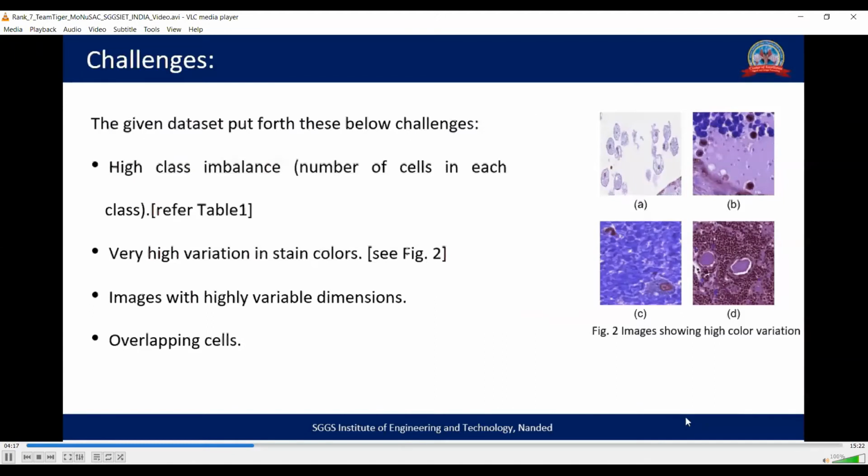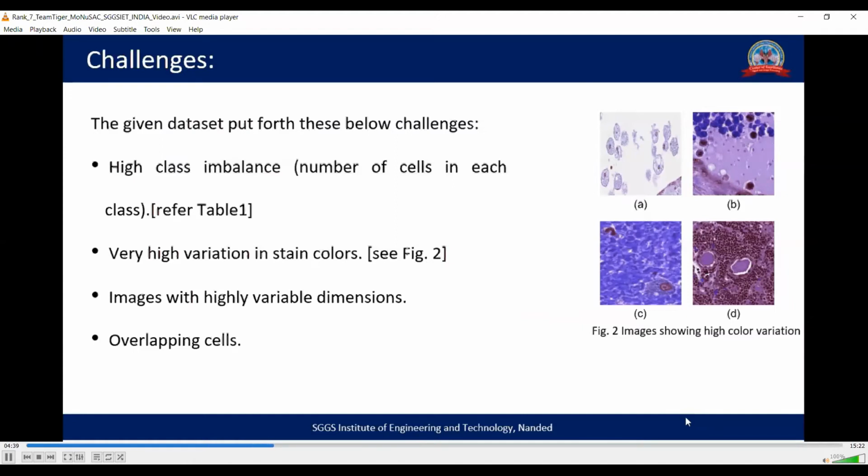In addition to this high class imbalance in the total dataset, we also found class imbalance in single images. For example, the image shown in figure 2D shows that there is a high cell count of epithelial cells, whereas there are no cells or few cells of other types.